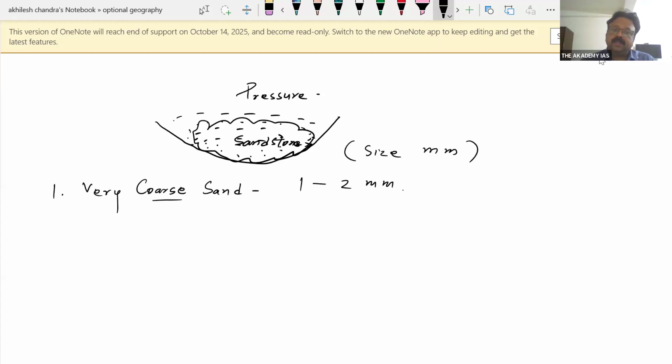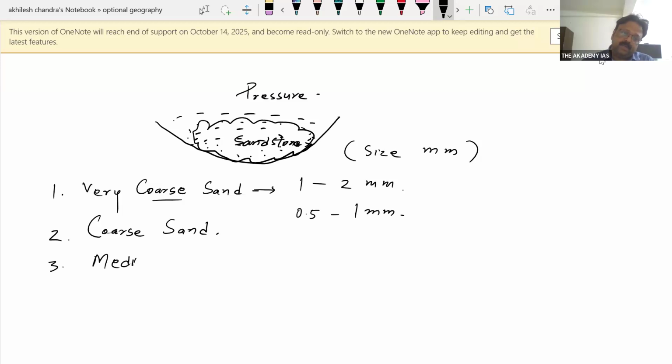So we have very coarse sand, 1 to 2 millimeter. Coarse sand, slightly smaller, 0.5 to 1 millimeter. Then medium sand, 0.25 to 0.5 millimeter.